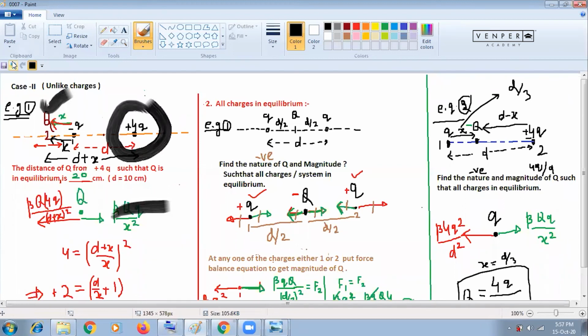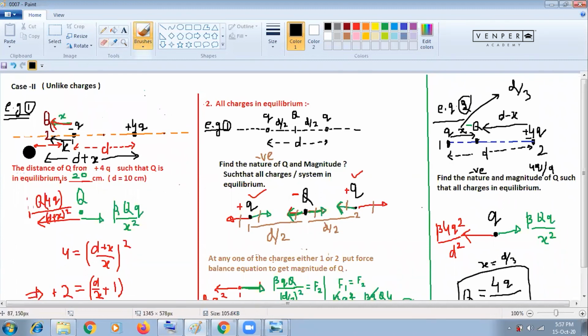Beta means 1 by 4 pi epsilon naught, or you can take it as a constant K. That is not an issue. Then calculate according to last class formula.